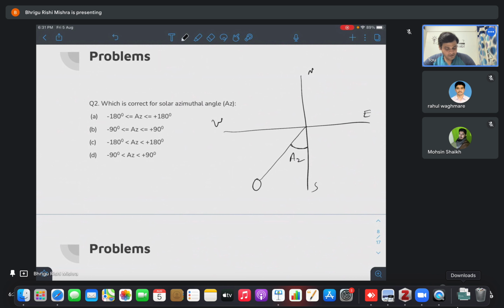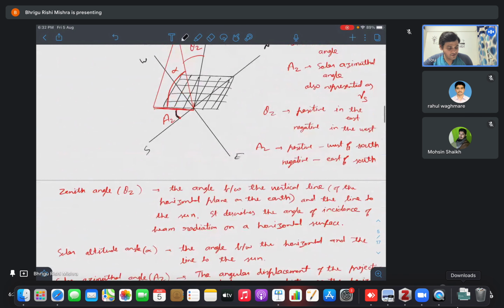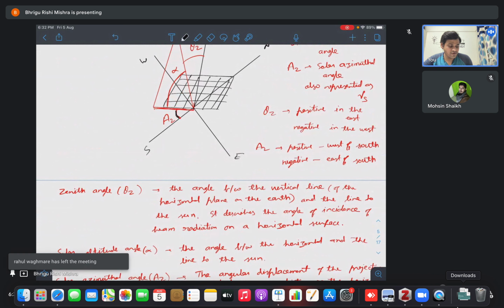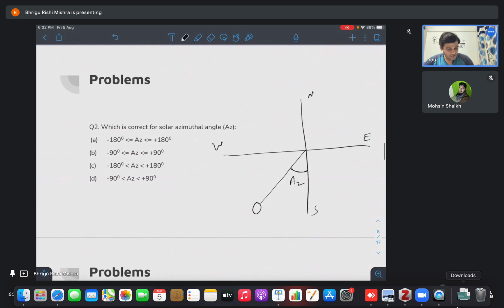So clearly it can vary from 0 to 180, as I have mentioned here. It is positive when west of south and negative when east of south. So it's not 0 to 360 degrees, it's 0 to 180 and then minus 180 to 0. West of south, in this portion, it is positive, and east of south it will be negative.